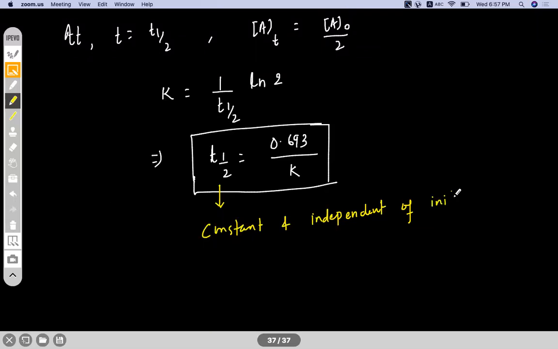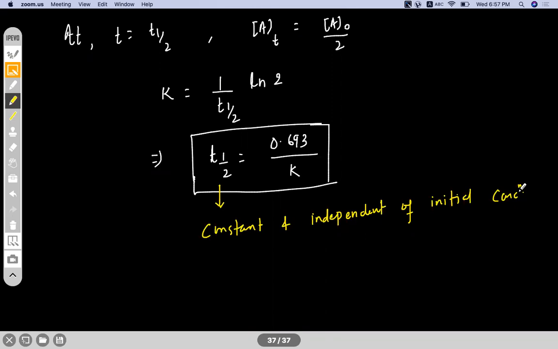What do you understand by constant T half? Means what? Whatever initial concentration you take, T half won't change. It will be same.